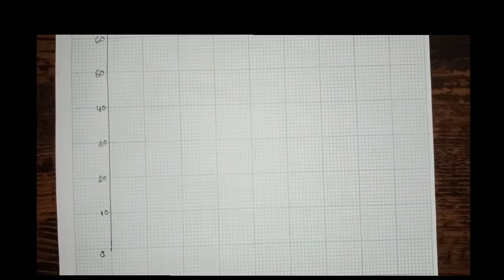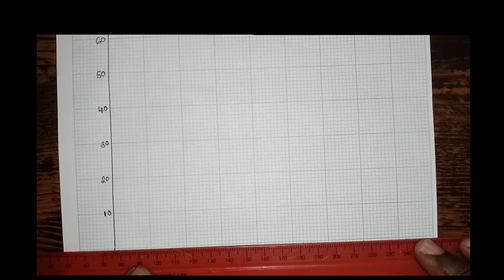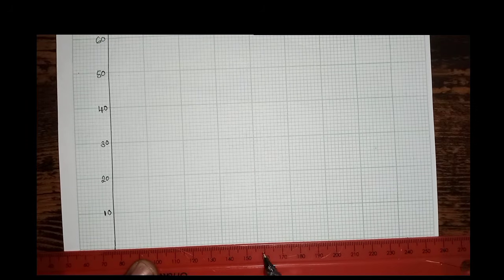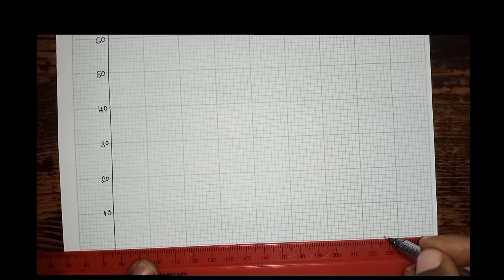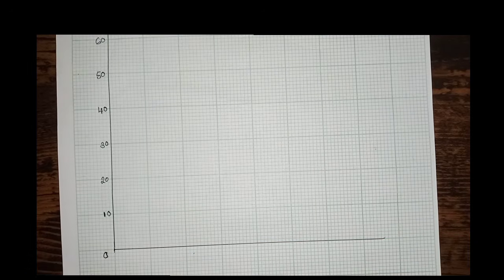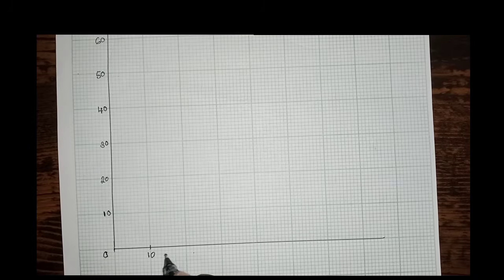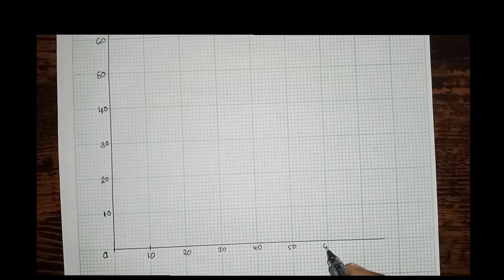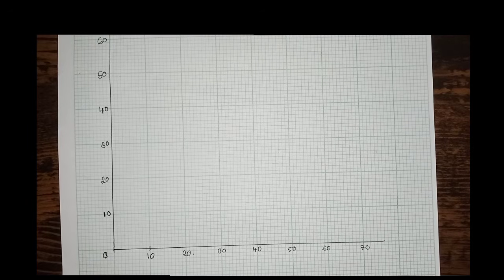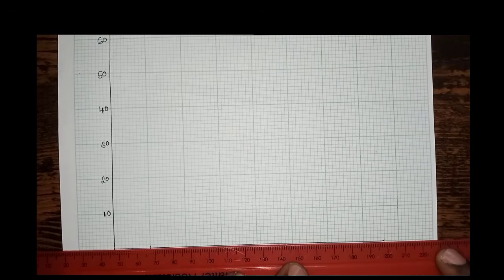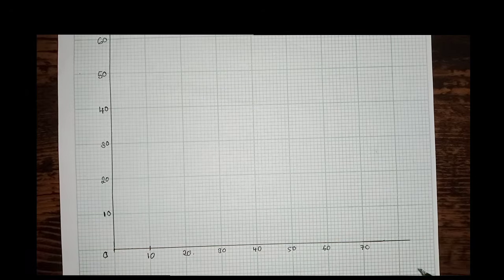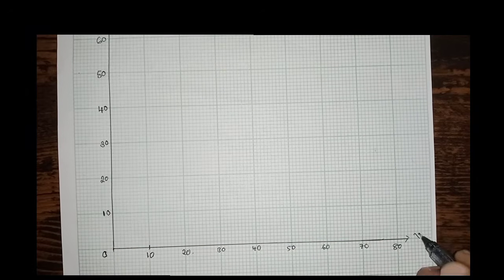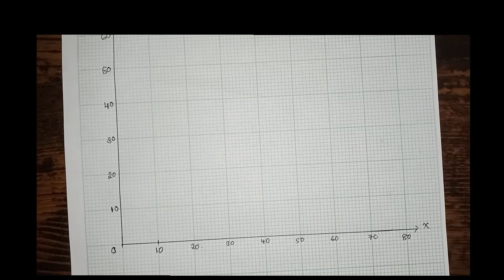We work out the x-axis: 10, 20, 30, 40, 50, 60, 70, and 80 right here. So this is my x-axis. Now I have this Cartesian plane, and I need to plot the coordinates.